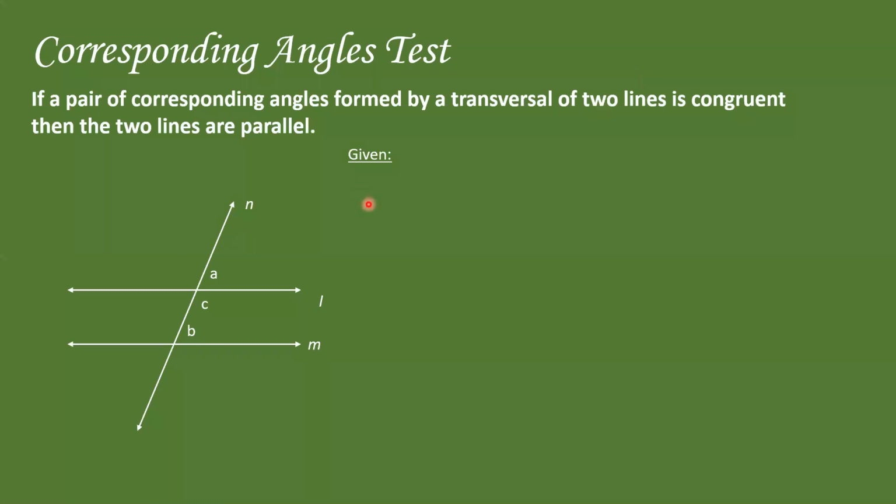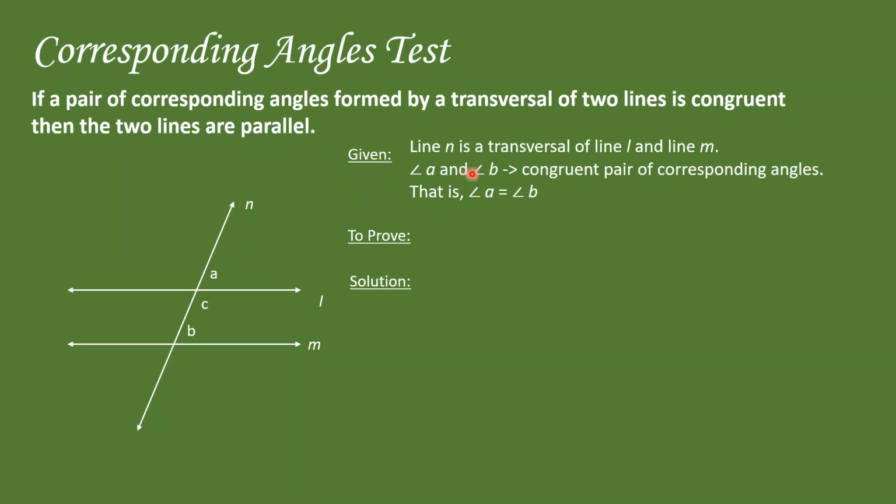Obviously we're going to be dividing it into three parts: first is given, then to prove, and then solution or proof. You can write anything over here. So my given is, as you can see in the figure, line N is a transversal of lines L and M. Angle A and angle B are a congruent pair of corresponding angles.